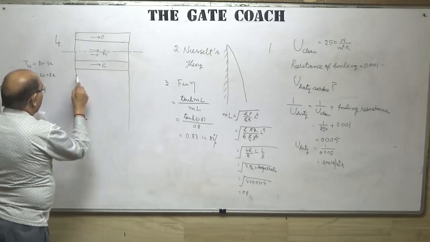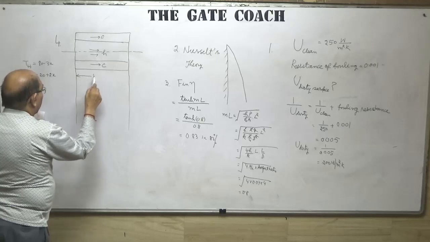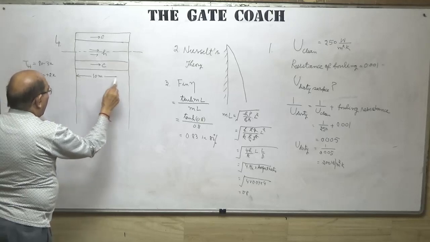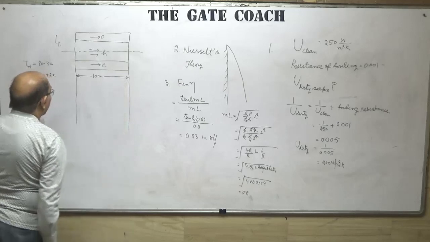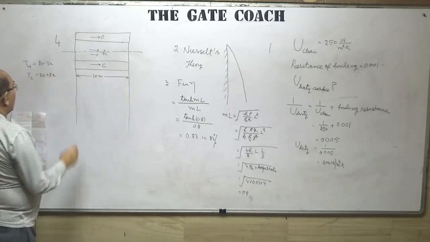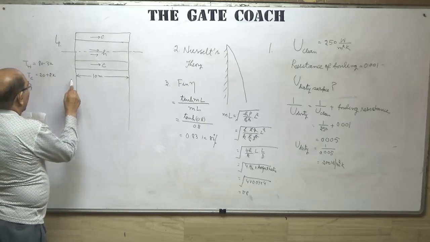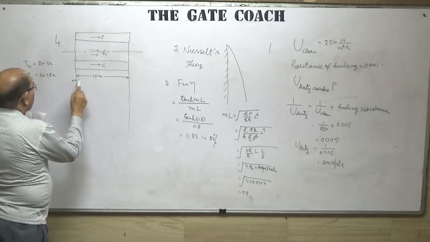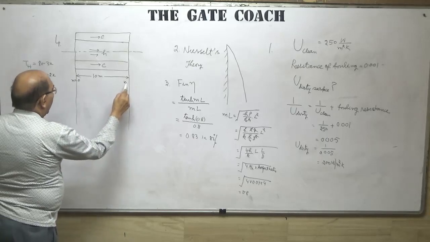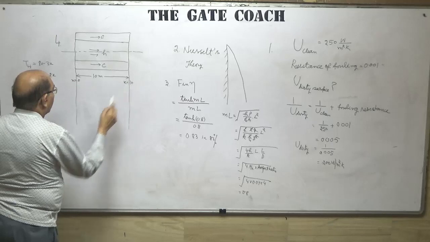And the length of the heat exchanger is given as 10 meter. Here x is equal to 0 and here x is equal to 10.